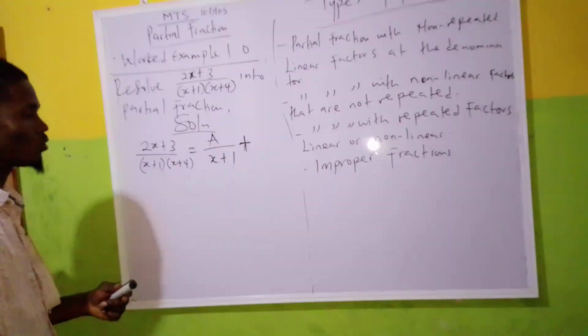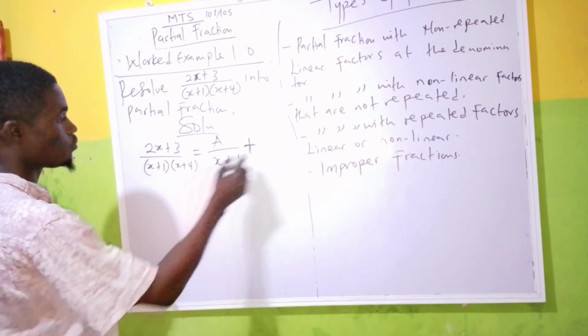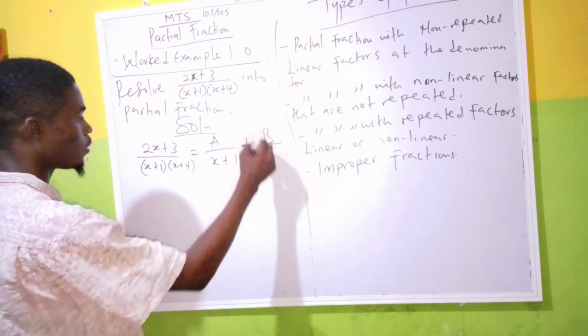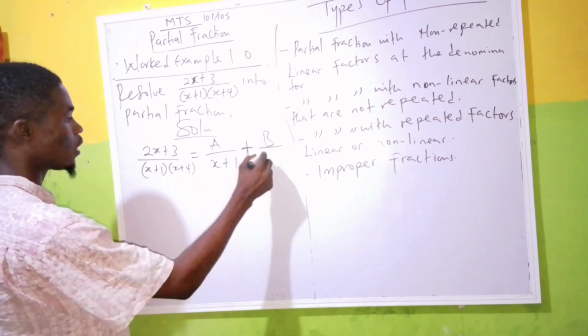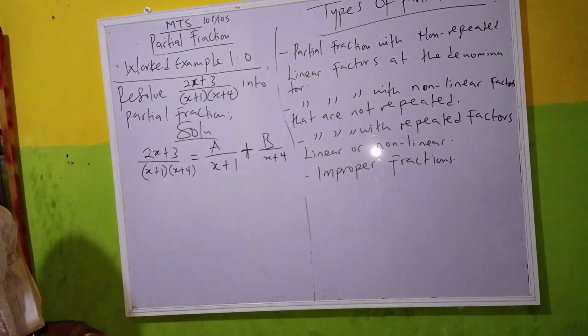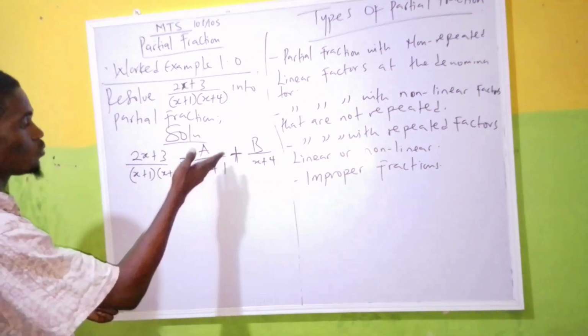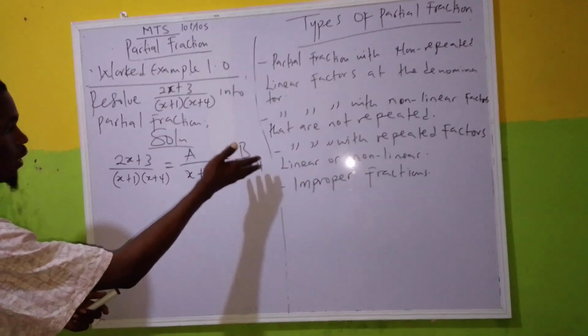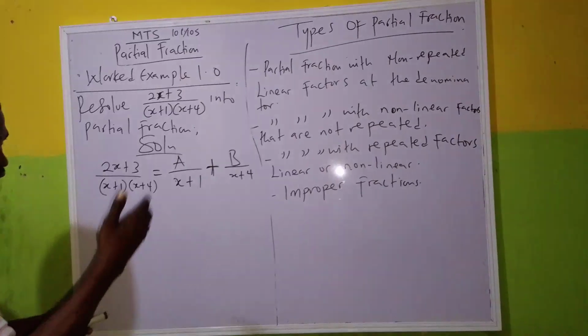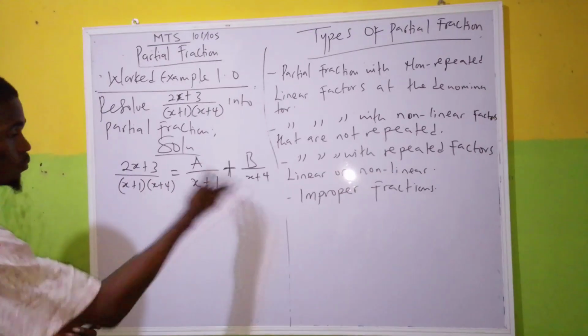Then the next one is x + 4, and you think of another alphabet, B, over the second linear factor. If you like, you can use p and q: p over x + 1 plus q over x + 4. It doesn't really matter. Or you can use i and j: i over x + 1 plus j over x + 4.